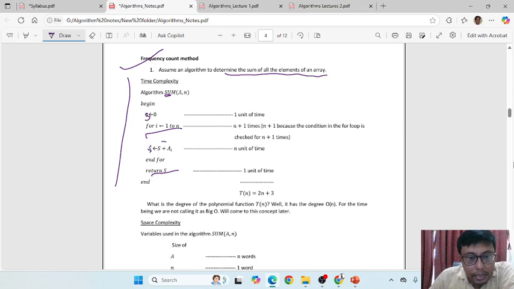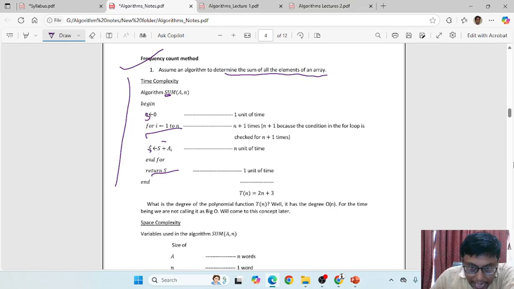So one extra time it will be executing, but all the statements within that loop will take n units of time. S will be assigned the value S plus A[i]. That means this particular statement will take n units of time. And once you come out of this loop after n plus 1 times, this return is again a constant time. That means 1 unit of time.